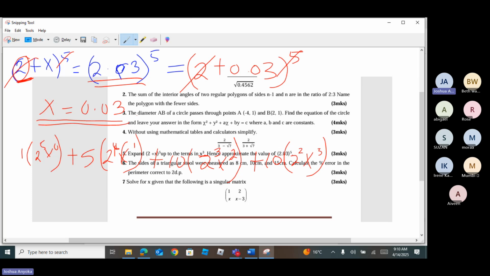We are told up to the term x power 3, so we stop at that level. We evaluate, then we substitute x as 0.03. And that's what is required.